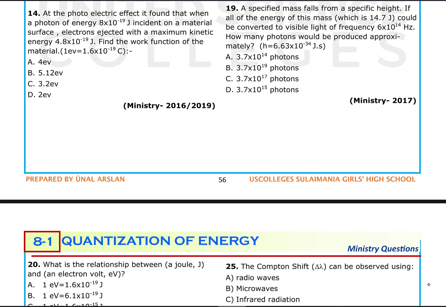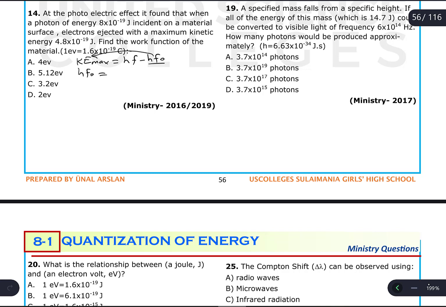We know that the kinetic energy of the photoelectron is calculated by hf minus hf0, where hf0 is the work function. Since I'm going to calculate the work function, I have to take hf0 to the left side as positive, and kinetic energy maximum to the right as negative: hf minus kinetic energy maximum.